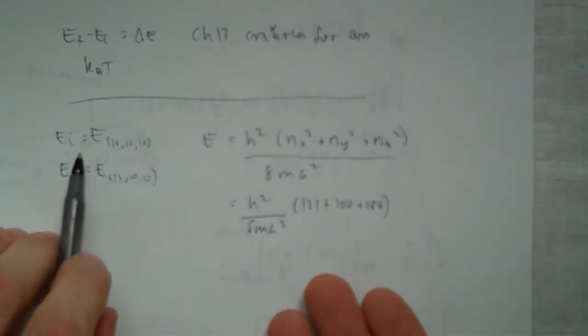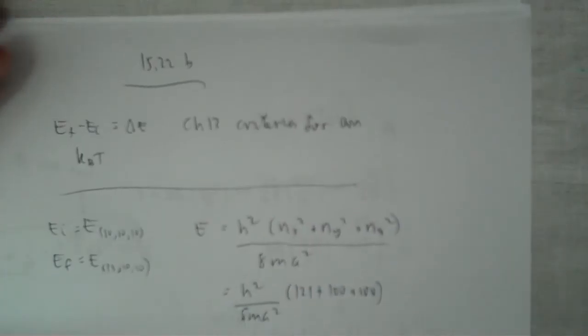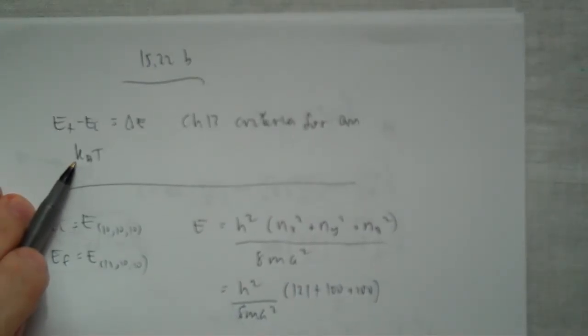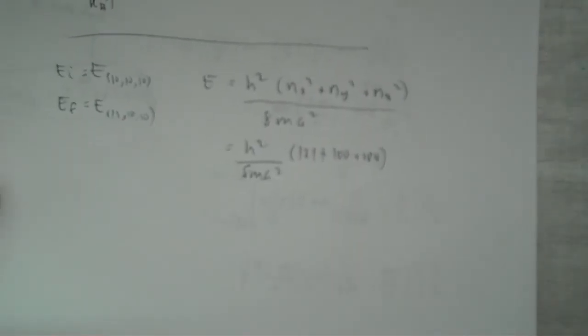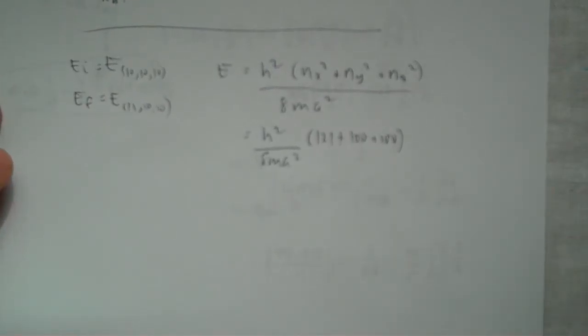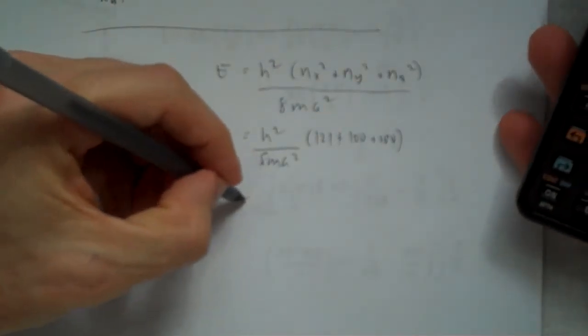If this energy spacing is close to KBT, then we're going to say we're approaching the classical limit. So let's look at this.